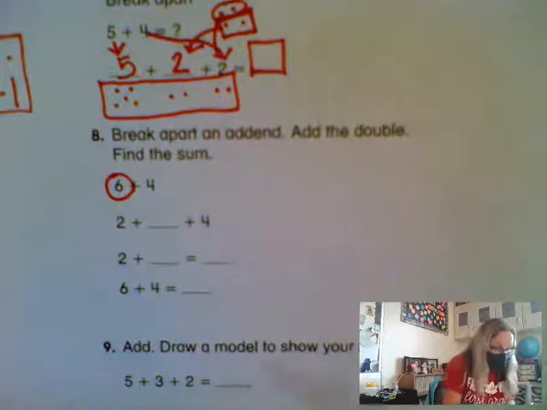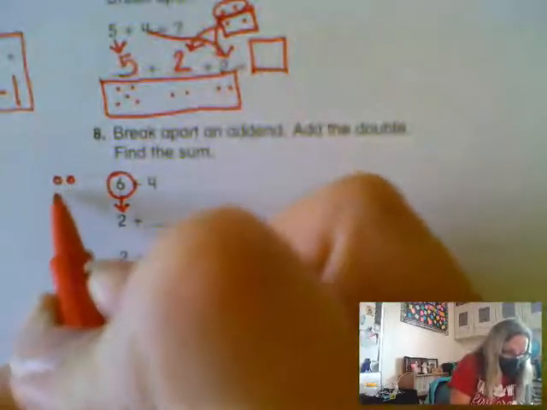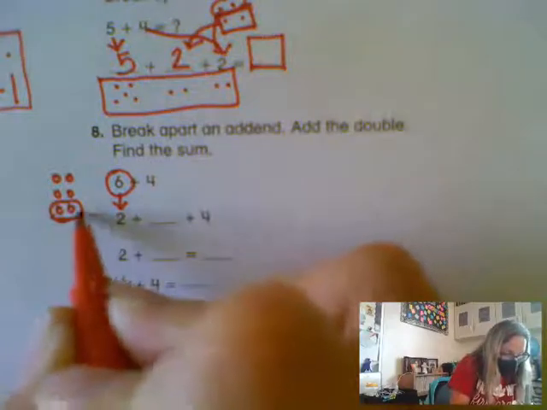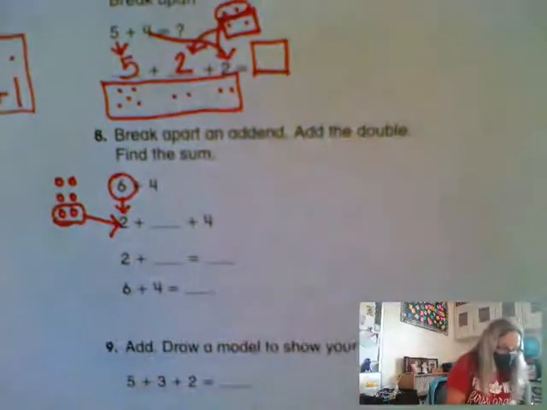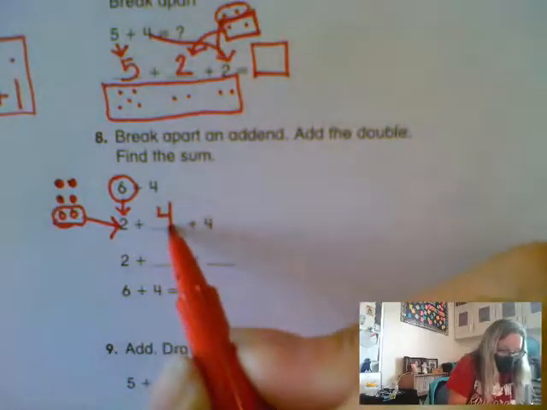So they've already taken out 2. So if I add 1, 2, 3, 4, 5, 6, they already put 2 of them here. So that leaves me with 1, 2, 3, 4. So plug in that 4.